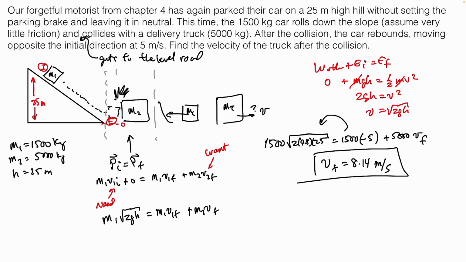But yeah, got to be careful about what you think. So the car's going almost 55 miles an hour when it hits that truck, and the truck is going about 15 miles an hour after the collision. And the truck wasn't that big compared to the car. The car was 1,500, truck, 2.5 times bigger. Not that big a change in mass.